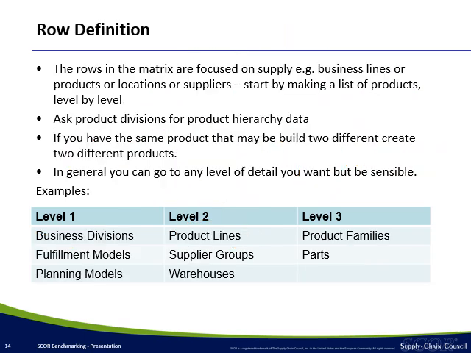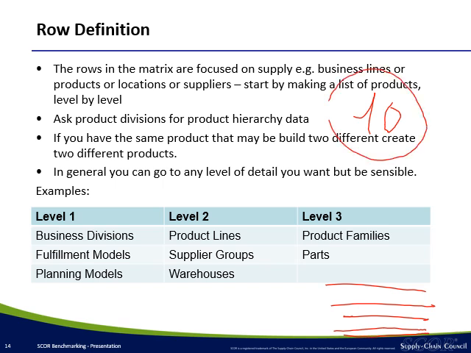For the row part, once again, we have different products. Let's say we have 10 products. Instead of having 10 rows for different products, we try to group them. We can group them by business division, for example commercial and standard. And then product line.